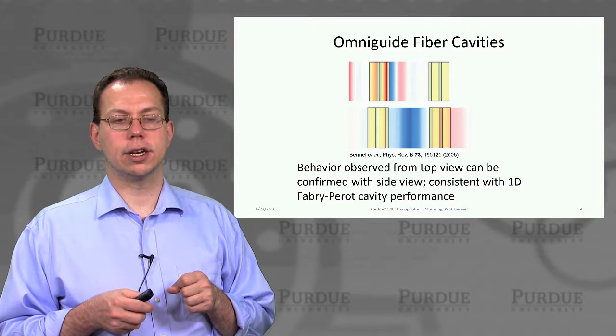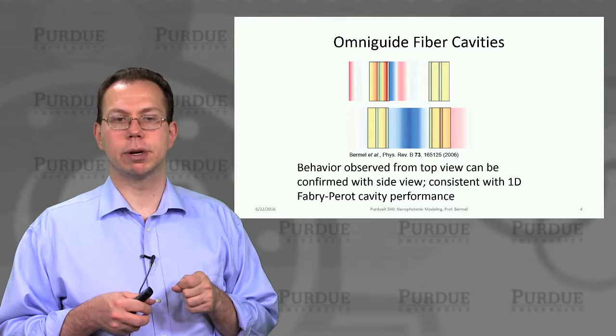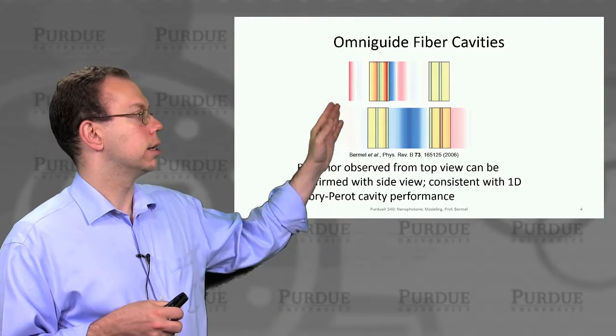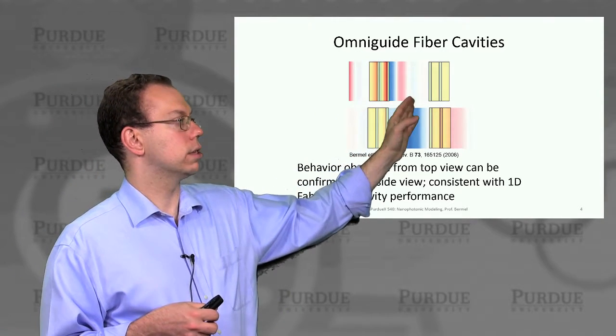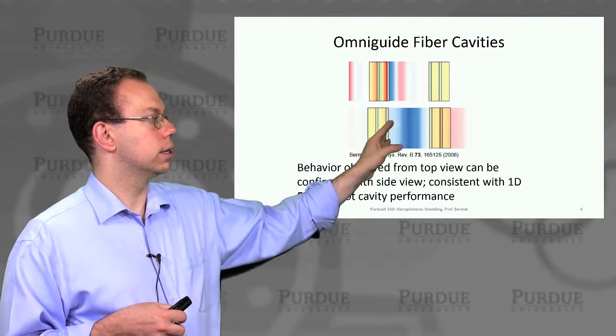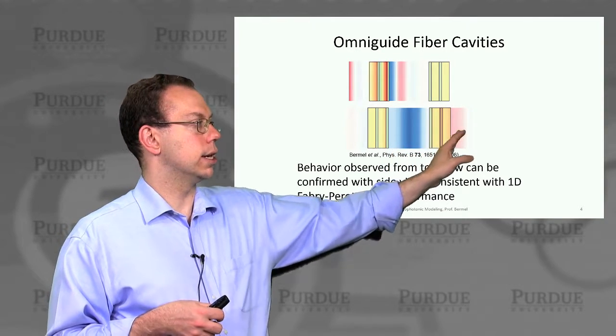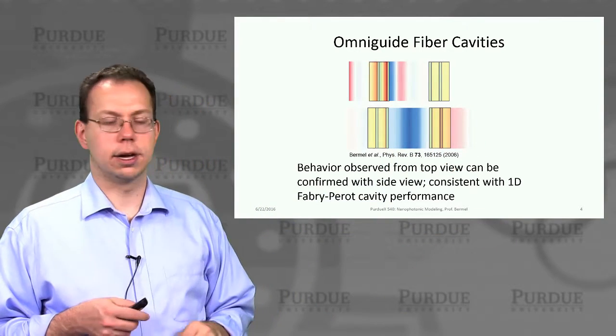If you look at it another way, much like what we saw with the 1D Fabry-Perot cavity, you can see that light comes in with a relatively high wave vector or short wavelength, and then it's regenerated at a longer wavelength, and then it can emit out the other side of the system.